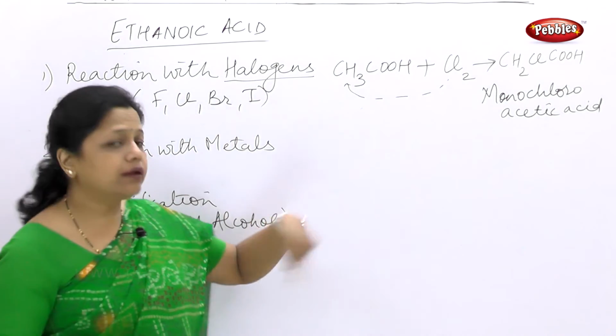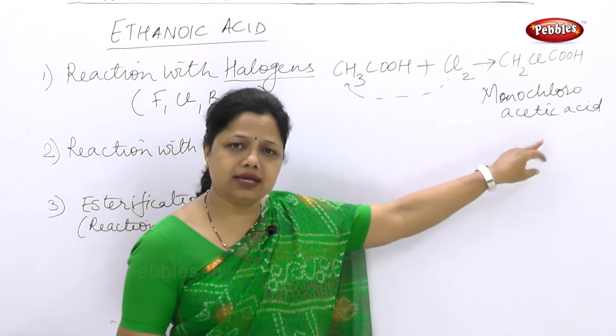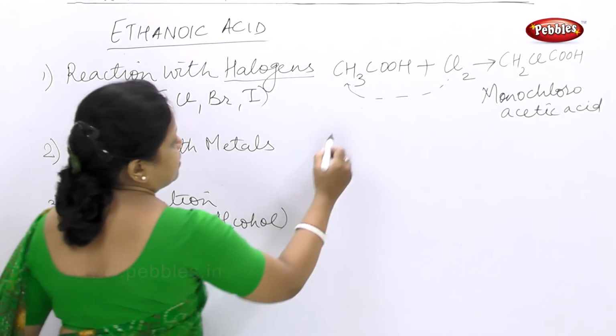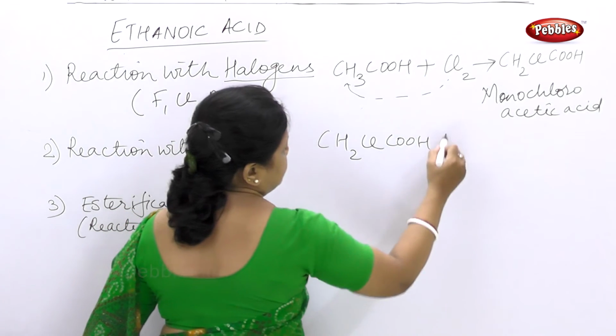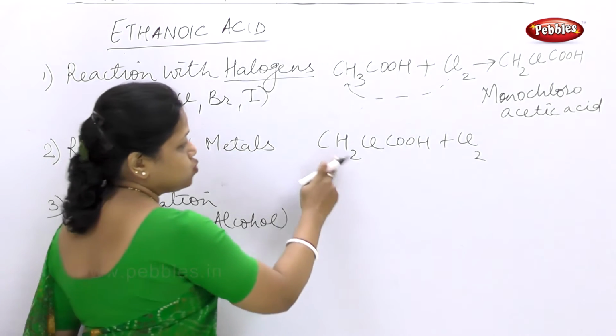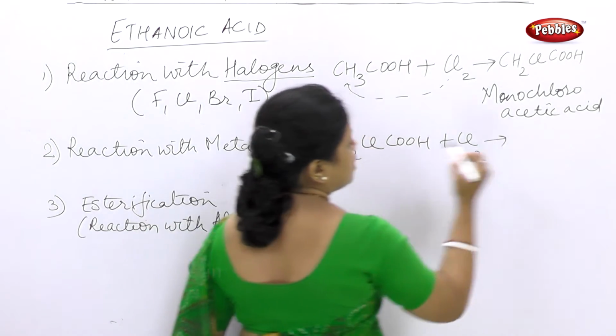Now if I go on reacting with chlorine, what will happen? Let's take this monochloro acetic acid reacts continuously with chlorine. Now what will happen? Let's see. CH2Cl COOH plus chlorine again. Now out of these two hydrogen, again one will be replaced by chlorine. So what formula will be formed?